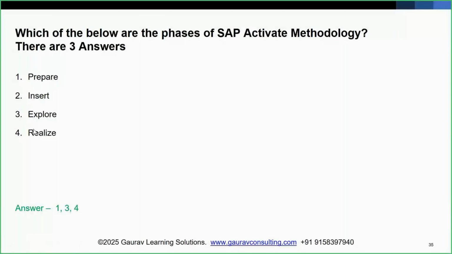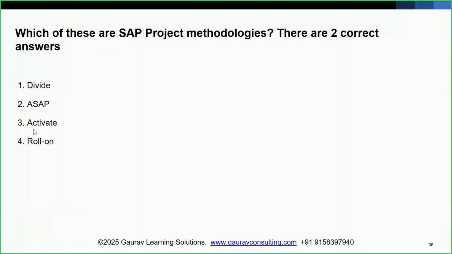Which of these are SAP project methodologies? SAP Activate is one of them. Just now we discussed the old methodology that we were using previously. So there are two correct answers. Is there any methodology called divide? Is there any methodology called roll on? Someone has written 2 and 4. Sanjay, you have written 2, 4. 4 is not the right answer.